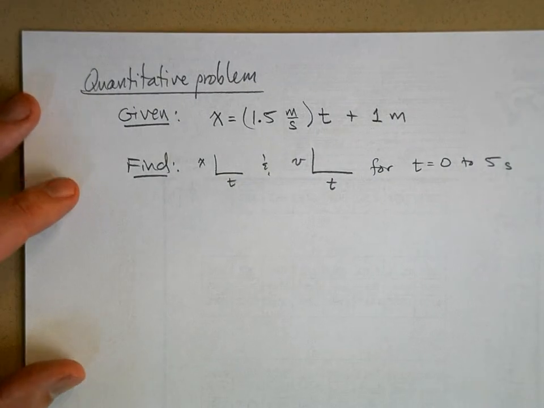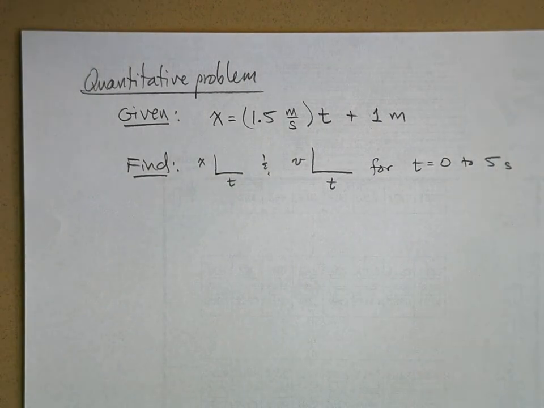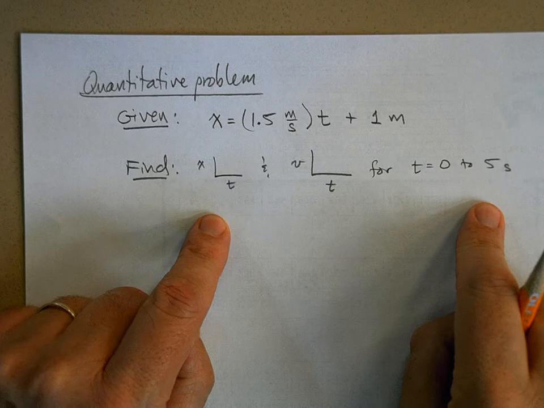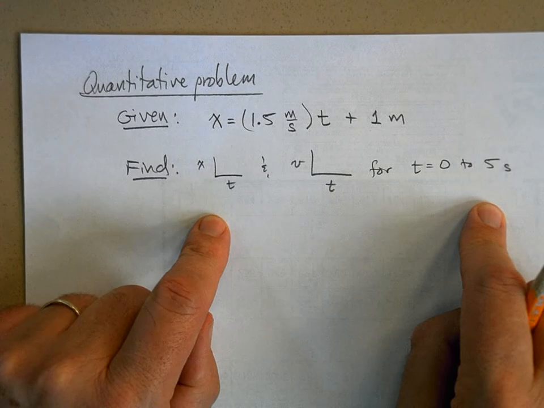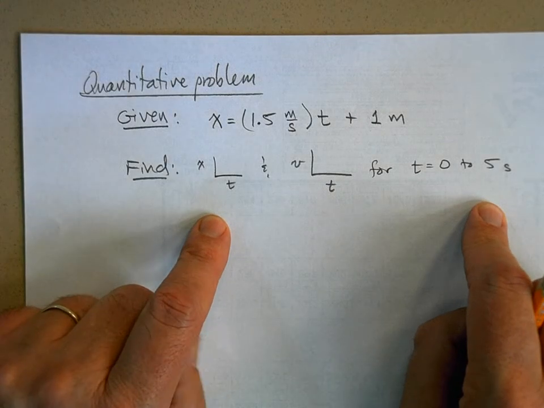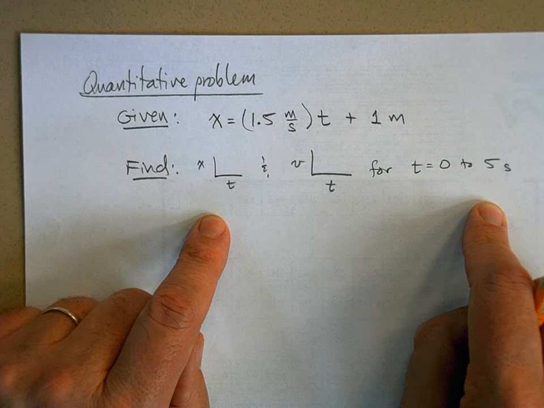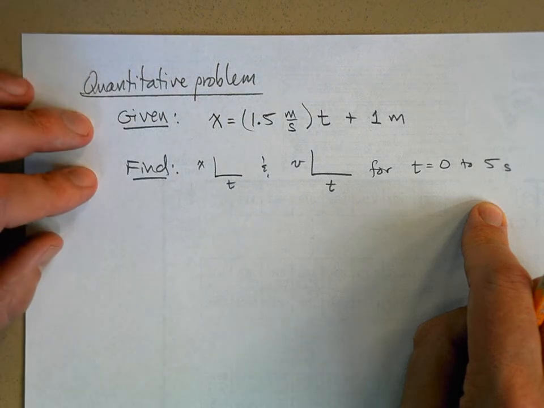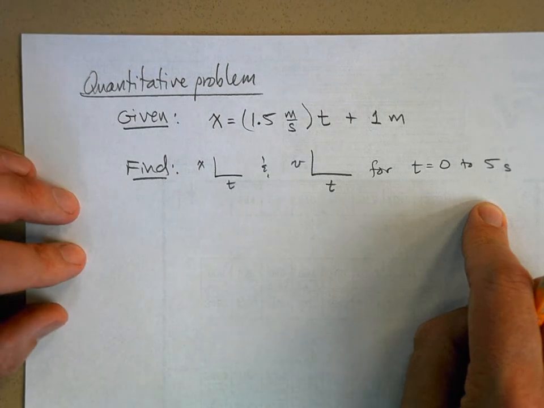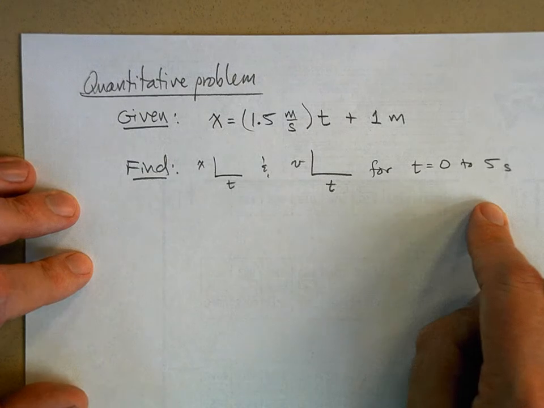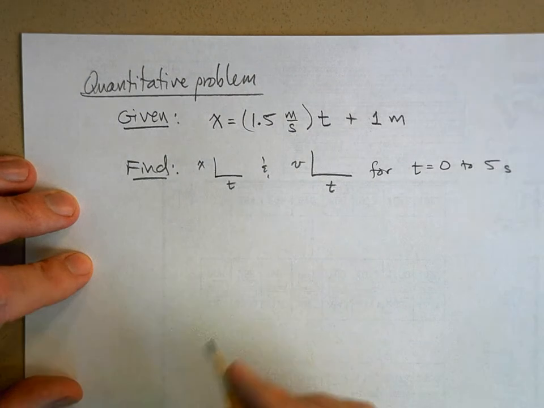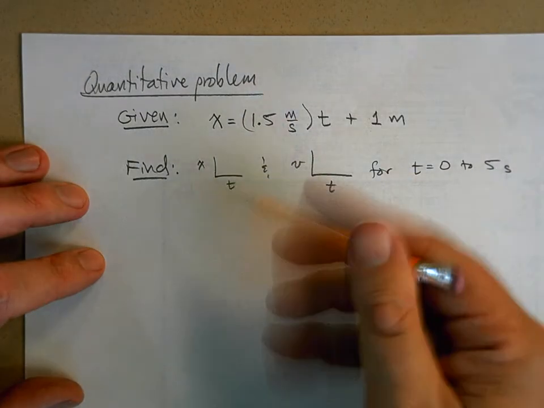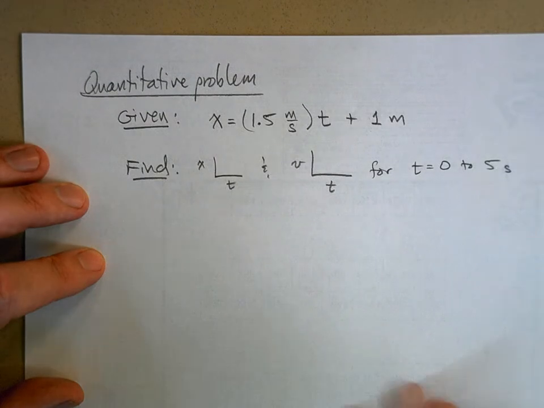Now they might say all that in words, but if you write it like this, it's a lot faster. You don't have to copy down the whole problem. And by the way, sometimes it's appropriate to use given, find, and solve. Other times it isn't. I might ask for other things, but I think for this example, this will be good enough.